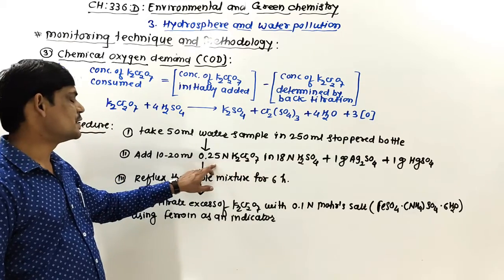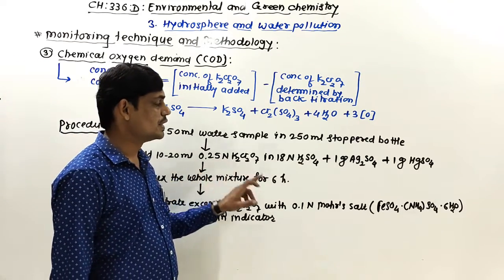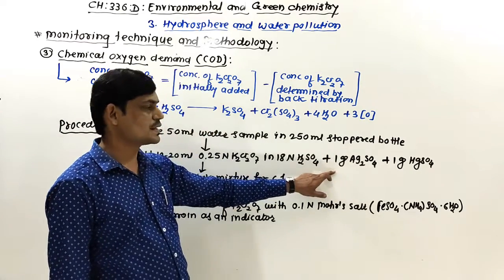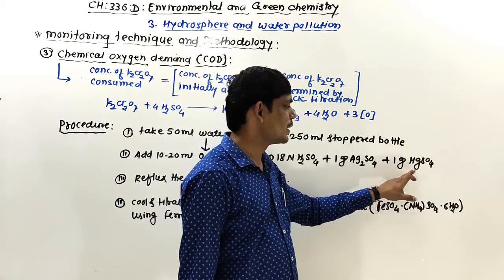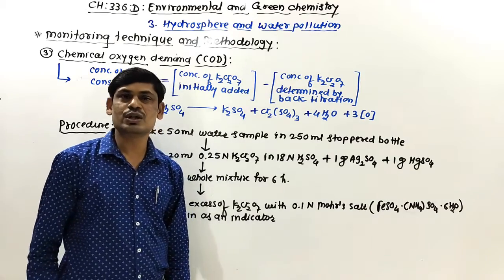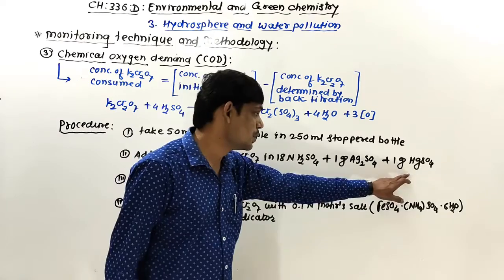This is nothing but the acidified potassium dichromate, which is used as an oxidizing agent, plus 1 gram of silver sulfate. It is also used as one of the oxidizing agents, and 1 gram of HgSO4. HgSO4 is used to dissolve the chlorides in order to avoid the interference of the chloride.